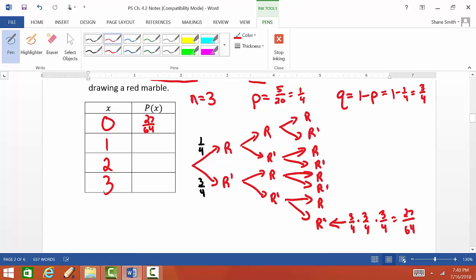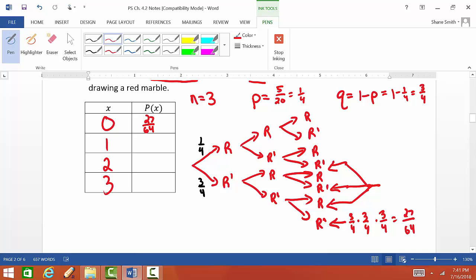Let's do another one. What's the probability of getting 1 red marble? Well, this one's a little bit trickier because there's multiple ways to get 1 red marble. So pause the video here and see if you can find all the paths that get you exactly 1 red marble. So all the paths that get you exactly 1 red marble is R, R prime, R prime, or R prime, R, R prime, or R prime, R prime, R. So all of those have exactly 1 red marble, but in all of those paths, what are you multiplying together?